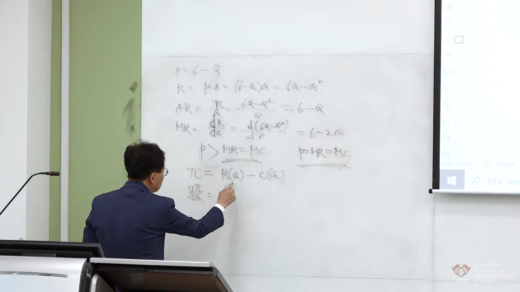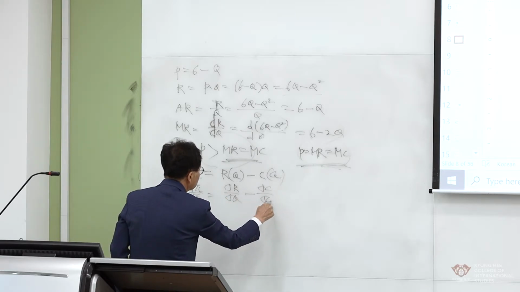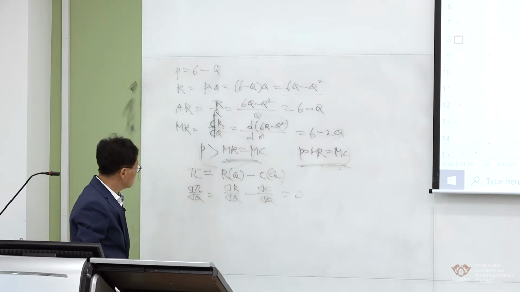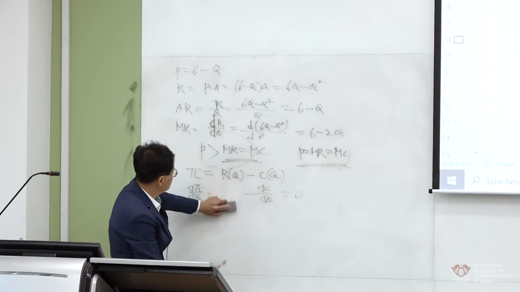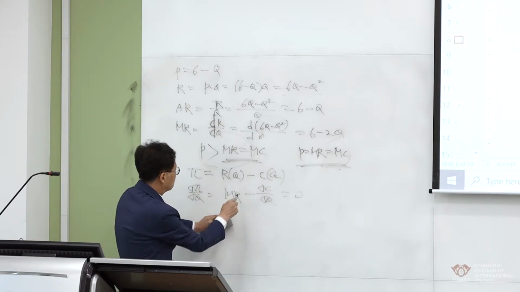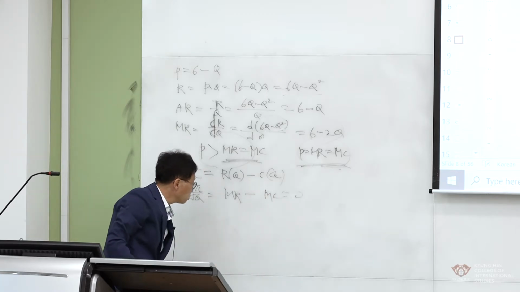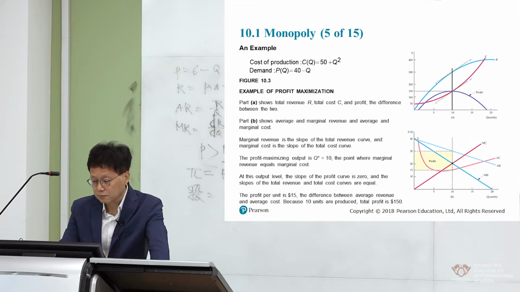That is change in R over change in Q minus change in C over change in Q, which is equal to 0. Change in R over change in Q is marginal revenue. Change in C over change in Q is marginal cost. So the profit maximization condition is that marginal revenue is equal to marginal cost.